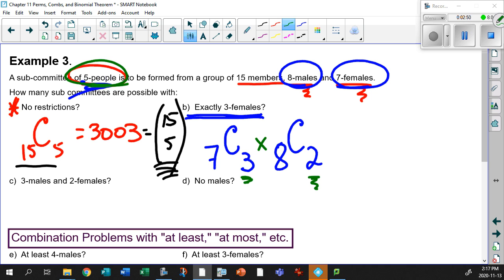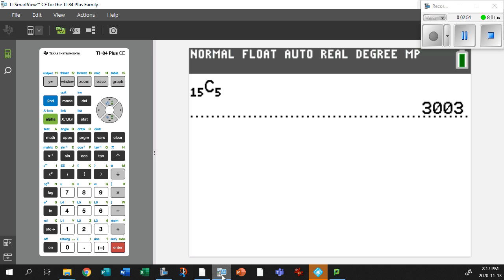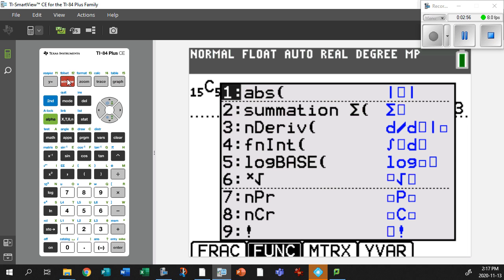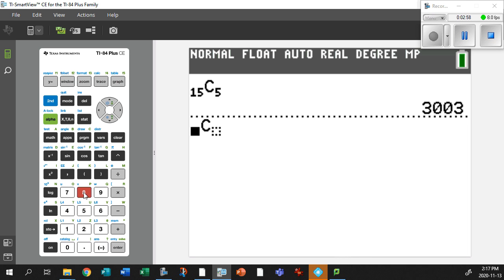Aha. Okay, so let's bring up our calculator here. Boom, and let's do this. All right? Okay, alpha 2, there's 8. There's our first one. So I'm going to put in my 7 and my 3. So out of 7 females, I'm going to choose 3. Then I'm going to go out here and multiply them.